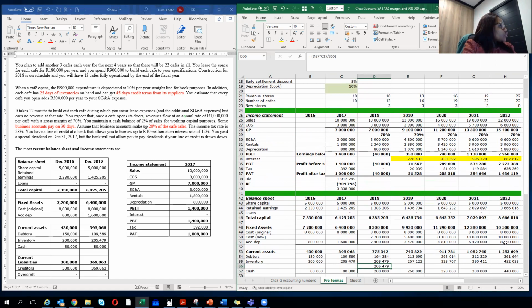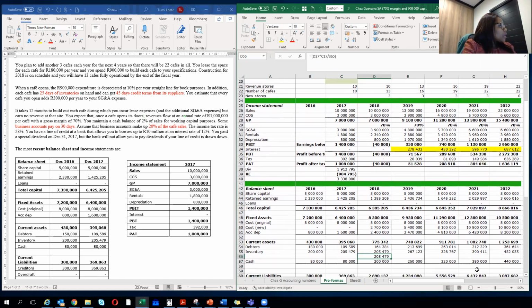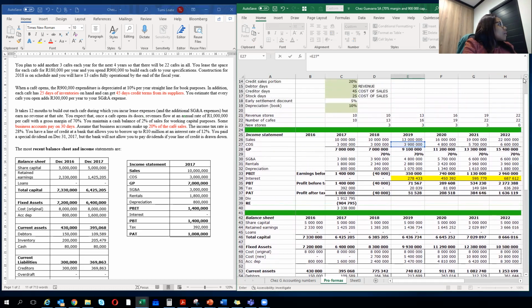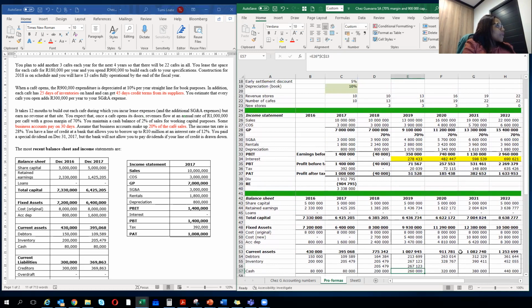Okay, let me do it again just to show you the inventory days calculation. You take the cost of sales multiplied by your stock days divided by 365. Okay, each time you will get to that answer that I've shown you how to do.